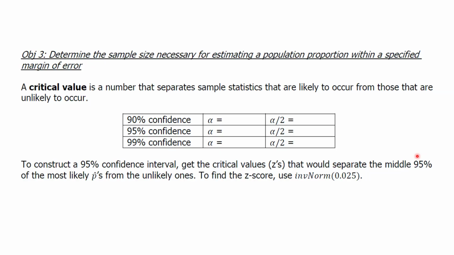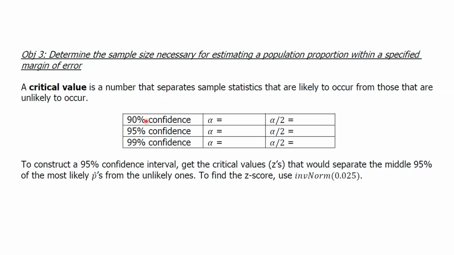A critical value is a number that separates sample statistics that are likely to occur from those that are unlikely to occur. And below here, I have critical values tables for the 3 major confidence intervals.